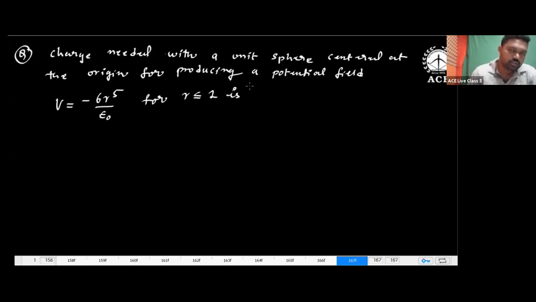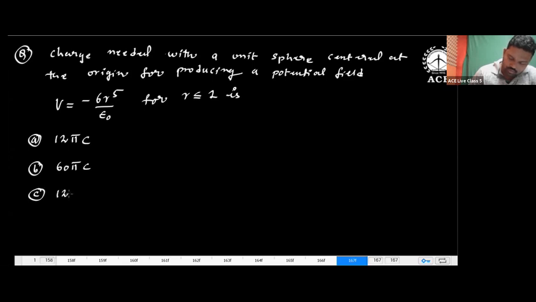Options are given, beta. Option A, 125 coulombs. Option B, 65 coulombs. Option C, 125 coulombs.